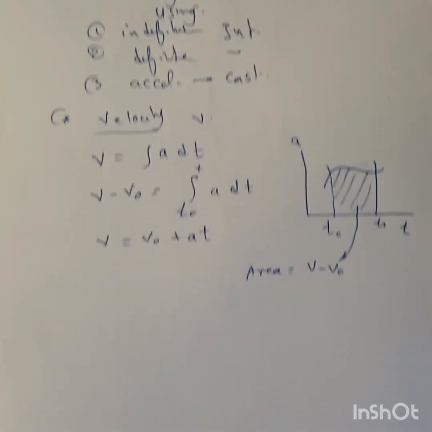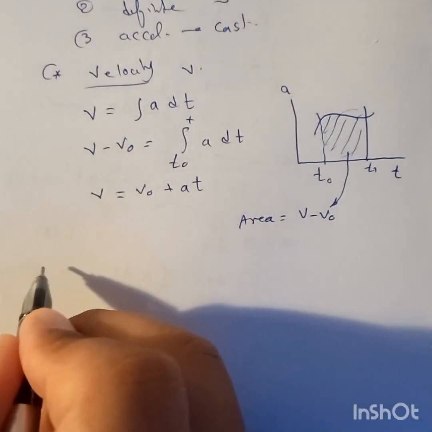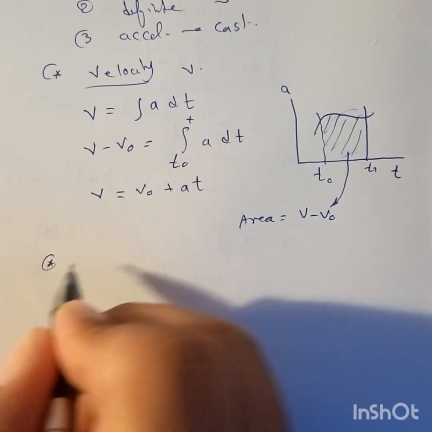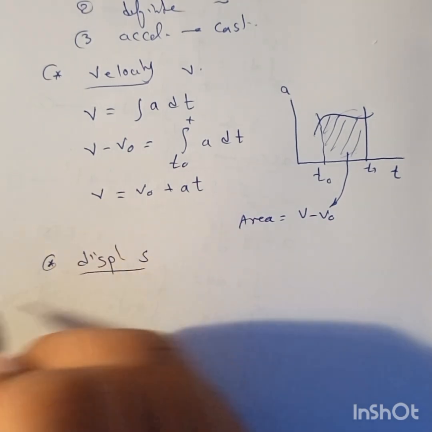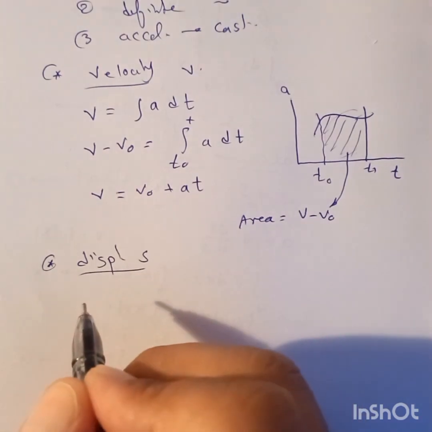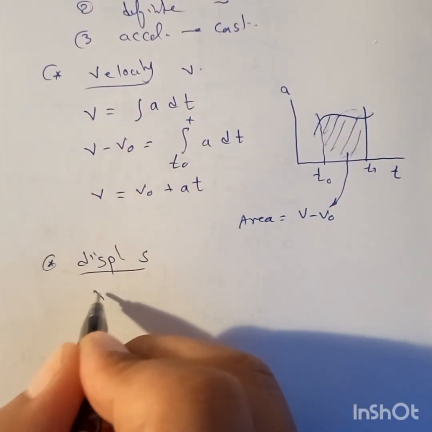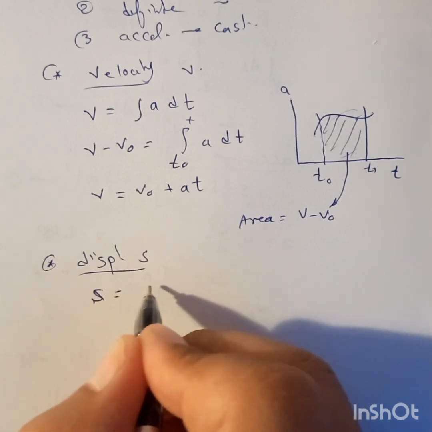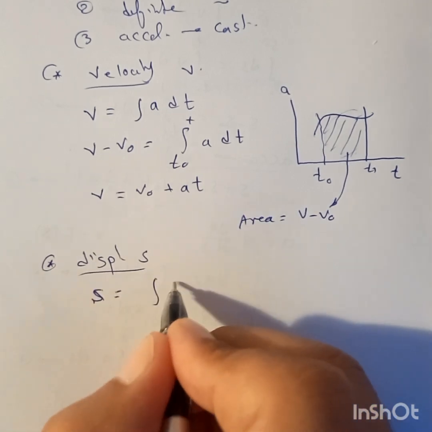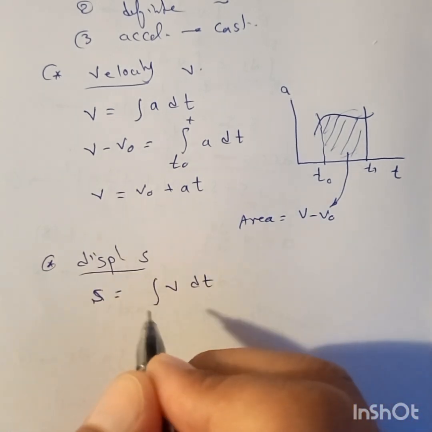Now we can move on and explain how to find displacement, using the same three rules. We have s, or displacement, equals the indefinite integral of v dt, this first relation.